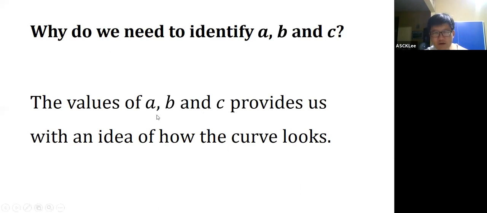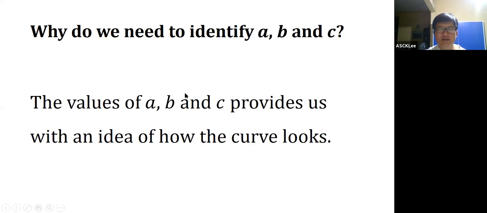Because the values of A, B, and C provide us with an idea of how the curve looks. It gives us an immediate idea of what the curve looks like just by knowing A, B, and C.